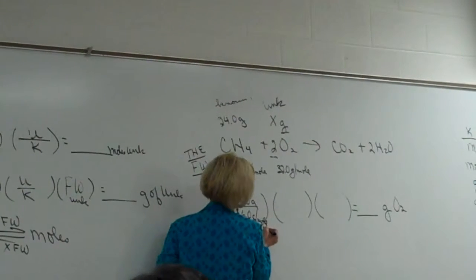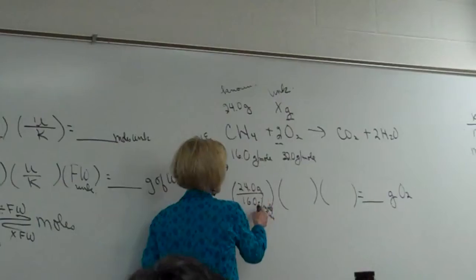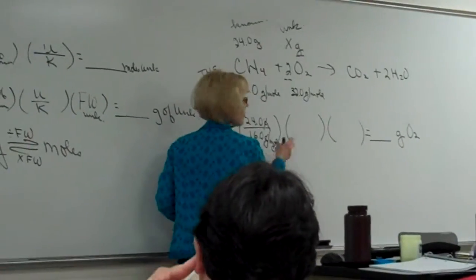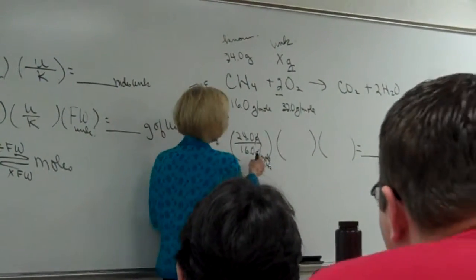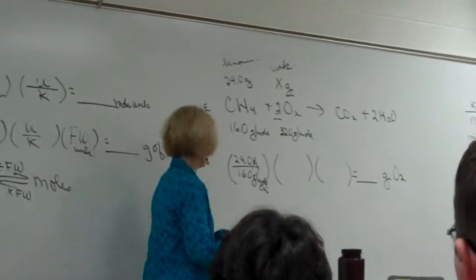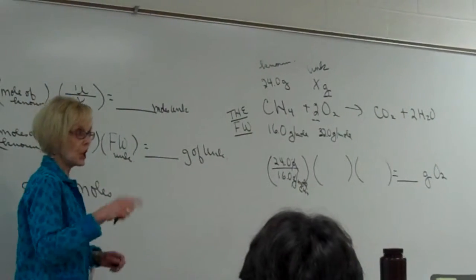It'd also be good to label stuff, because grams of methane can only cancel with grams of methane, and ultimately moles of methane can only cancel with moles of methane. Remember, this is a complex fraction. We were doing this kind of stuff all the time in chapter 2.